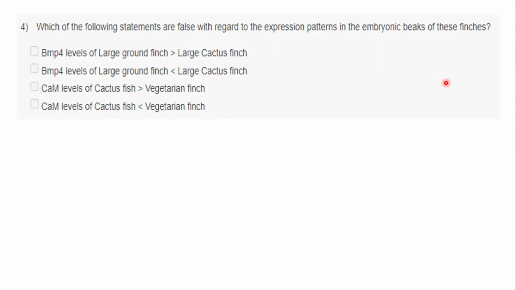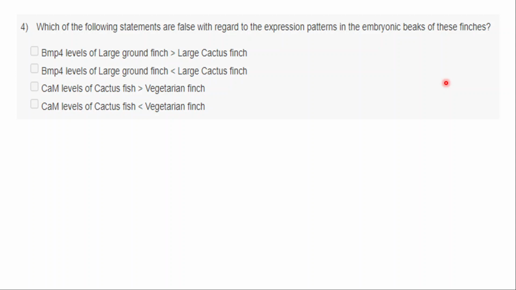Okay, question number 4. Which of the following statements are false with regard to expression patterns in the embryonic beaks of these finches? Option A, BMP4 levels of large ground finch greater than large cactus finch.